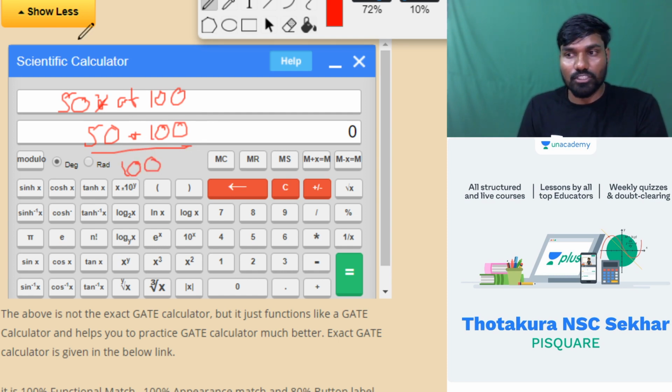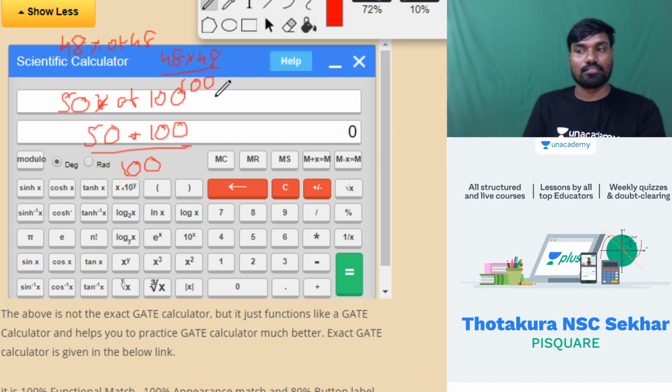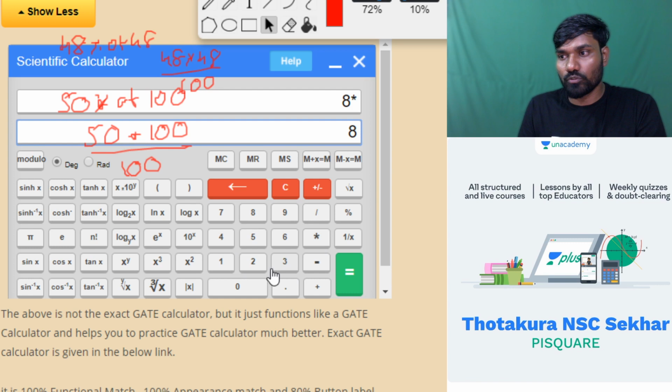So for 48% of 48, you should multiply these two: 48 into 48 divided by 100 is the result.